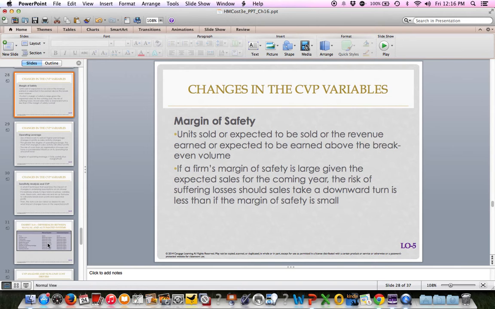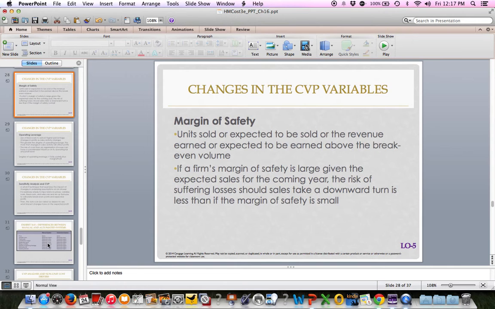Okay, next is introducing risk and uncertainty. That starts on the bottom of page 845 and continues through 846 and 847, and margin of safety. There's a Cornerstone 16.6 on page 846 that talks about the margin of safety.